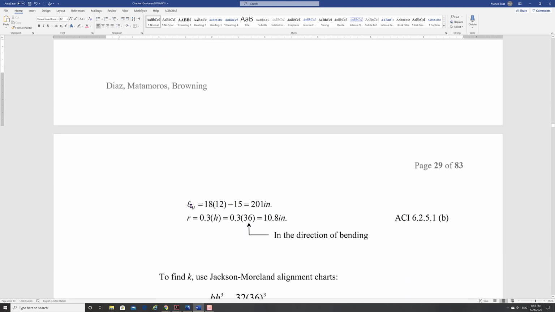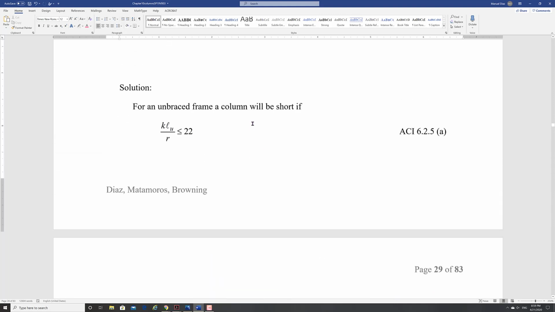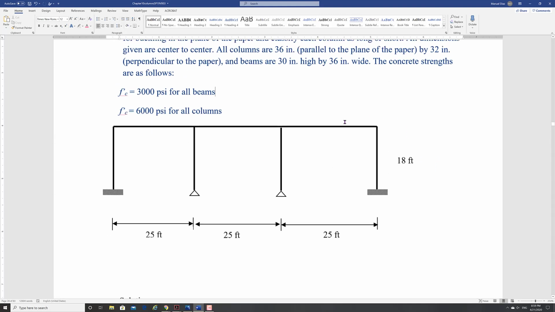So we find lu, and it has to be the clear value, right? So these values, normally given like this, are center to center. So 18 feet is center to center, but you want the clear value. My beam is 30 inches.